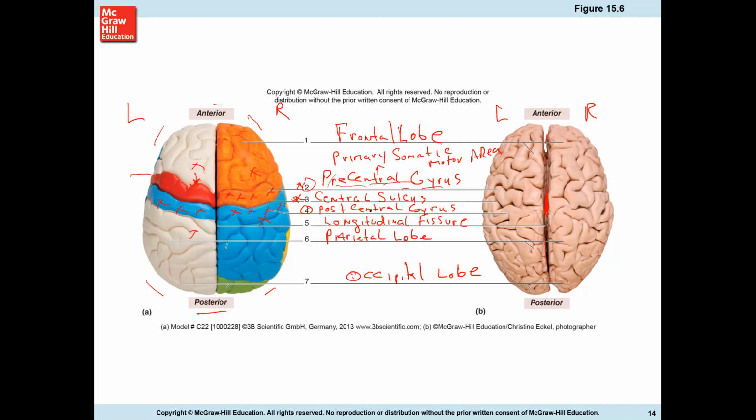Postcentral gyrus is where I cognate what I'm feeling on my pen or from my fingers. So the postcentral gyrus is the primary somatosensory area of the cerebral cortex, of the cerebrum.